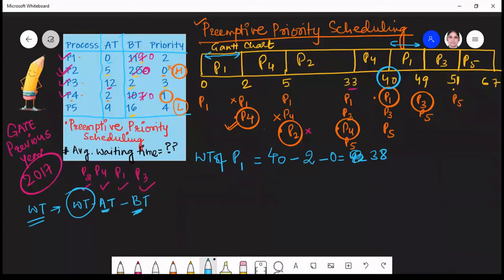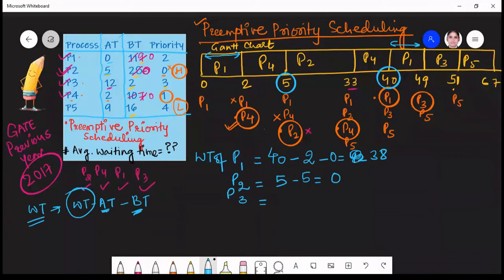So from the waiting time, you have to subtract the arrival time as well as the burst time. Now let's find out the waiting time of P2. P2 got its turn at the 5th millisecond, right? But when did it arrive? It arrived at 5 milliseconds. So 5 minus 5 is 0. Now coming to P3.